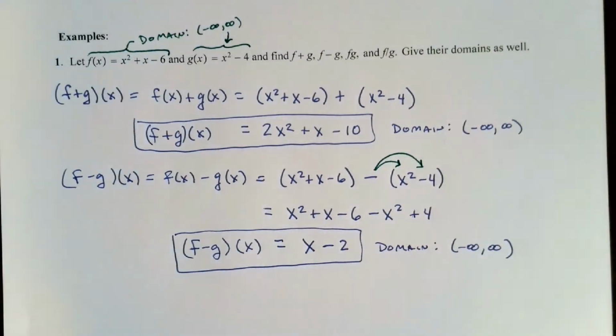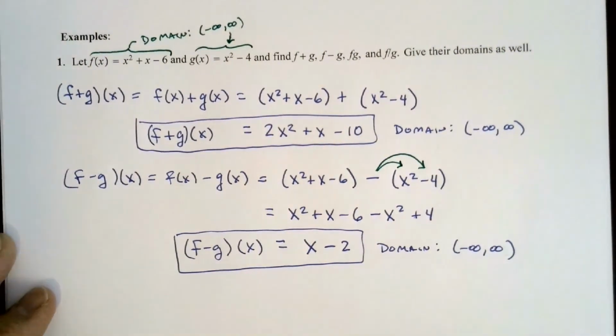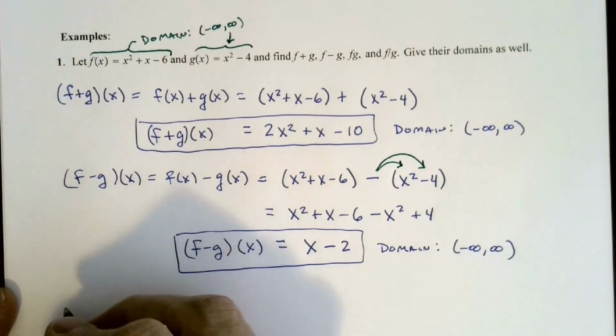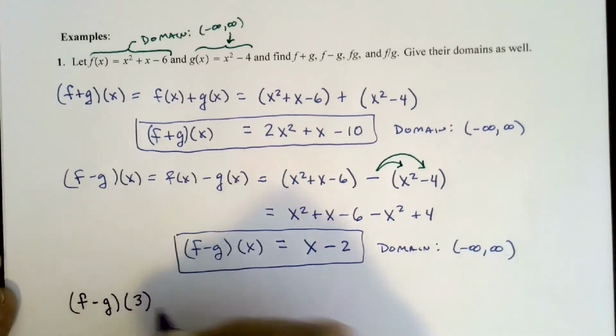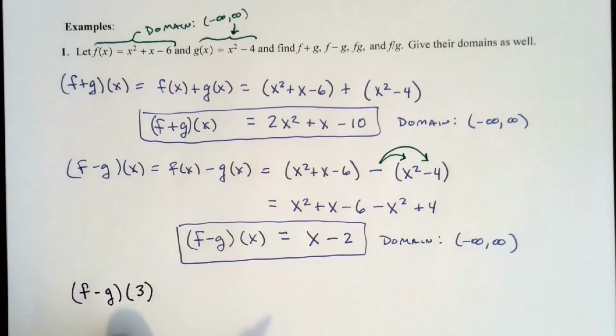Let me just say something real quick about something. Now, in each of these cases, we're finding these new functions. What if I just throw this in here and say, well, what is f minus g of, say, 3? That's f minus g of 3. What if I ask for that?